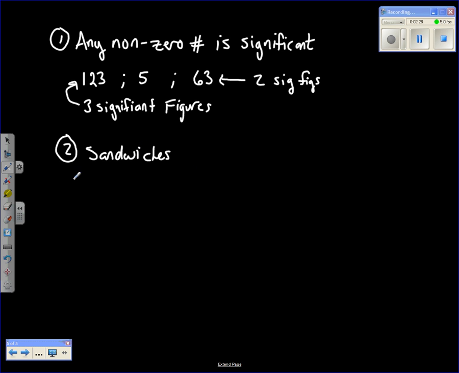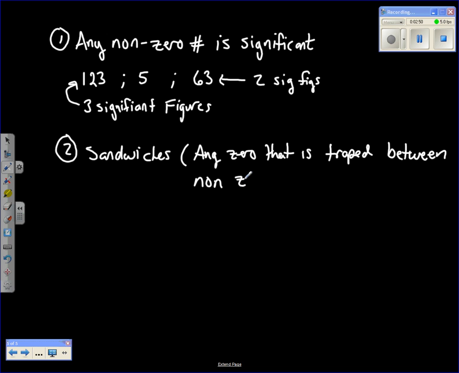And that is when there's essentially, more scientifically, any zero that is trapped between non-zero numbers. Okay? Any zero that is trapped between non-zero numbers.